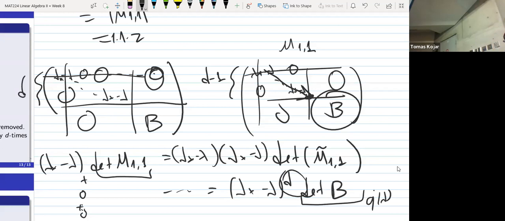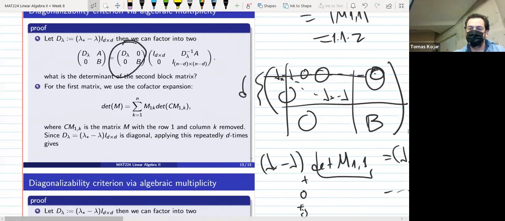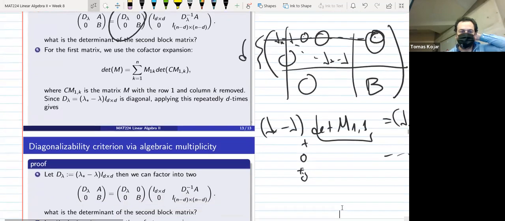If you didn't follow, it's fine. We'll come back to this with Jordan blocks. This is really neat. You have to keep computing determinants there. If you have a question, please let me know. So that's it.